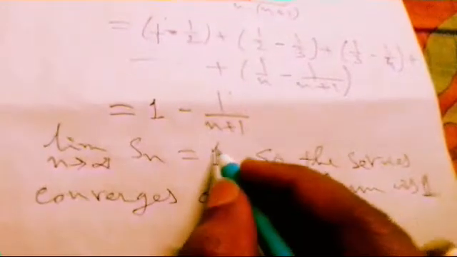So the series converges, and its sum is 1. We are finding that the sum is 1. So in this way we can prove this.